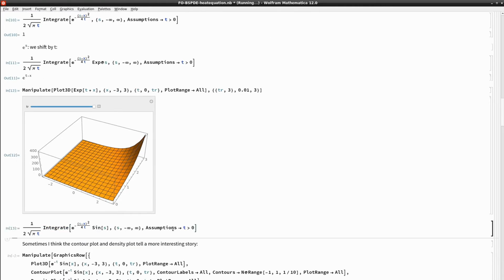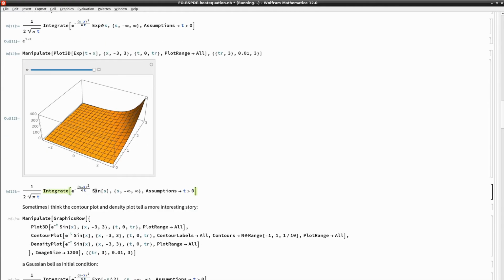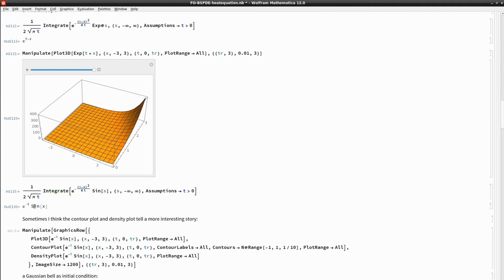How about we start with the sine function as initial condition? And in that case, we are getting a solution that looks like the sine function that will decay with the exponential function. It's simply a time decay, and we do that by multiplying with e to the minus t of the sine function.